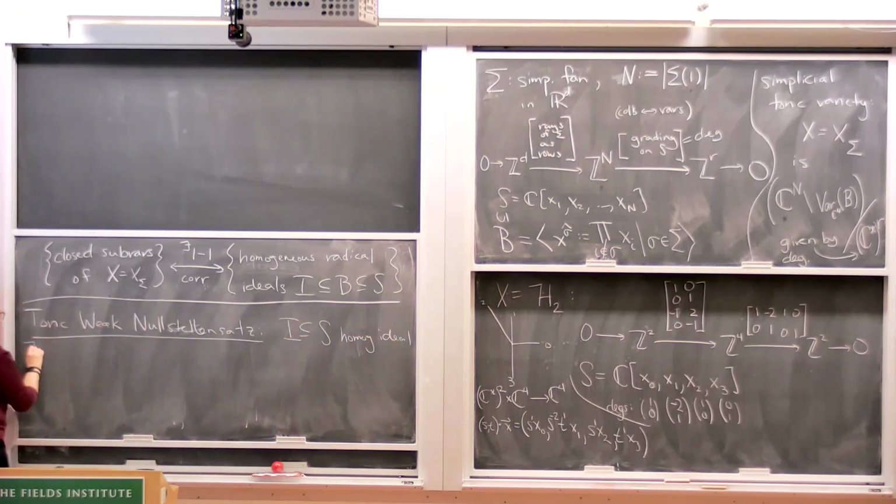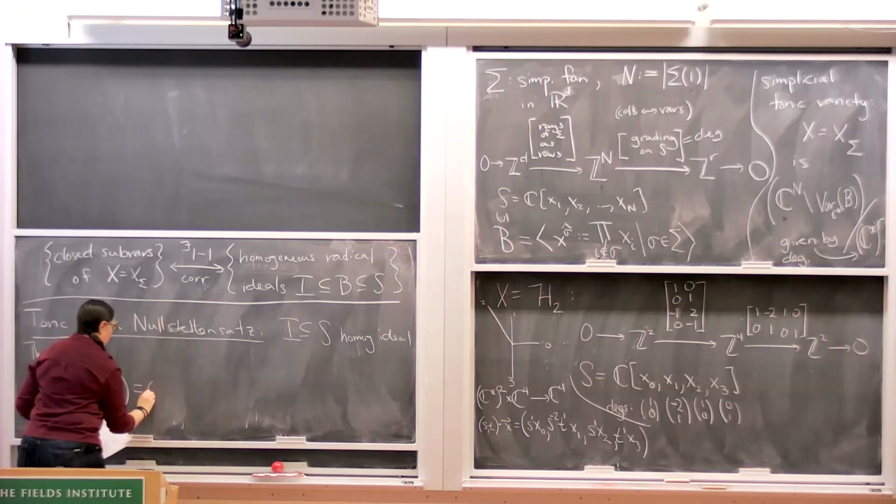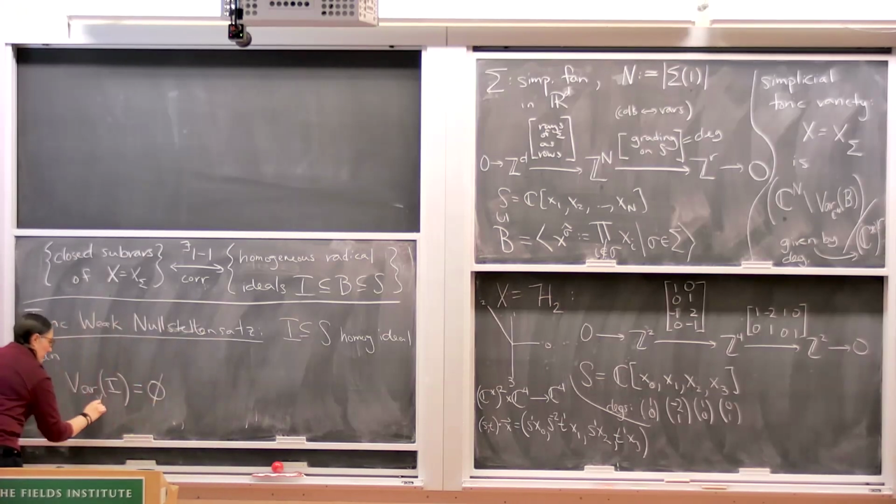Then, how do we know if the variety of I is doing anything geometrically? This will be the empty set now, my variety. It matters where I'm considering varieties. So here I want to think about my variety inside of X sigma, not upstairs in C to the capital N.